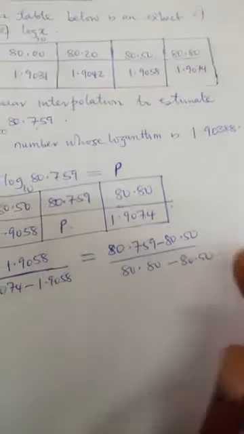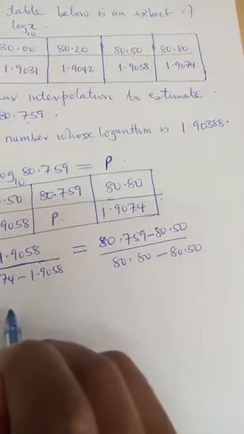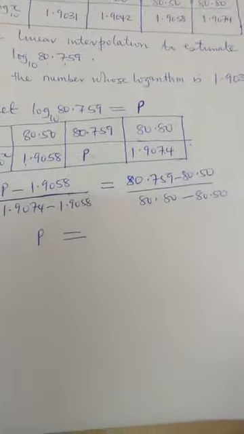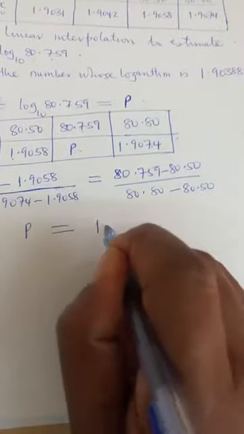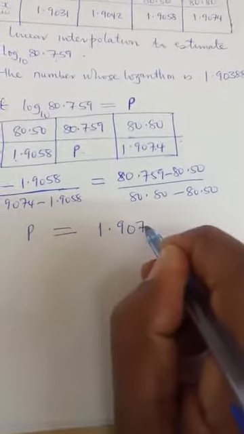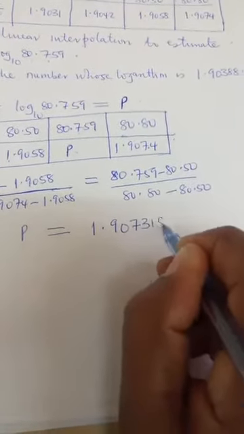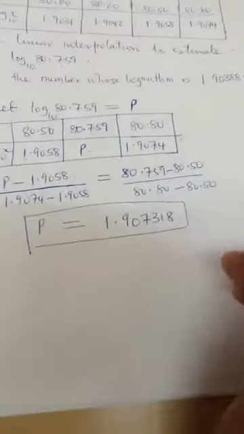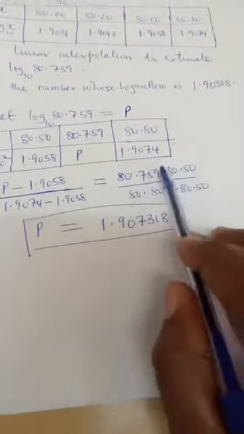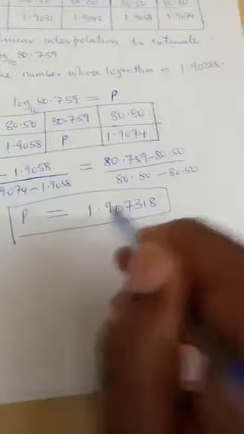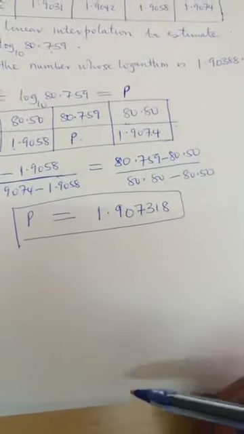If we use this approach and do the mathematics, which I will expect you to do, you should be able to get the value of P as 1.907318. Try to confirm that when you simplify this, because you get this side multiplied by this difference and add on this, it will give you this answer.